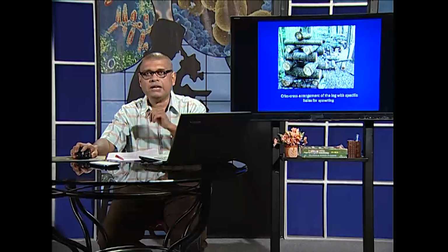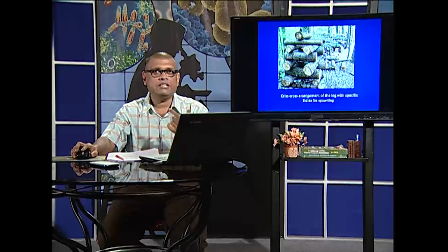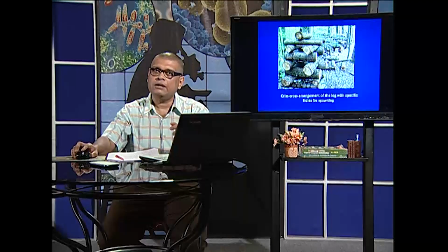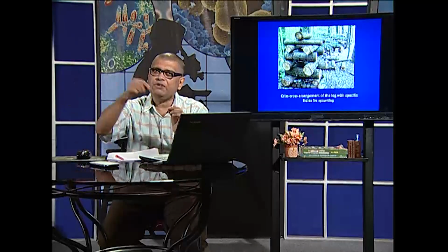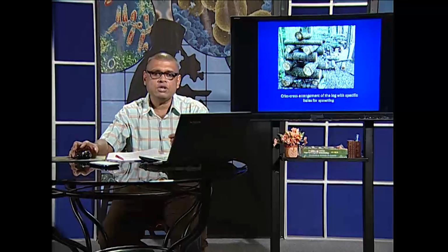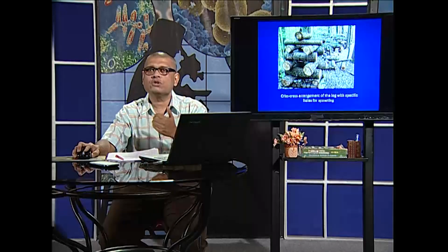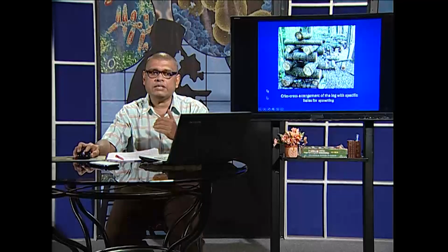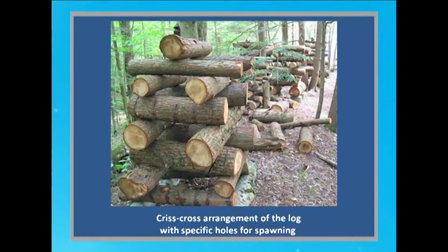So it is better if we can cultivate these mushrooms in a natural habitat, but with some component of artificiality induced. For example, when we grow mushrooms on logs, the logs are arranged in a crisscross arrangement. Say a specific size of log is taken, and a 3-inch diameter hole is made, and the mushroom spawn, which is the seed of the mushroom, is added to it.